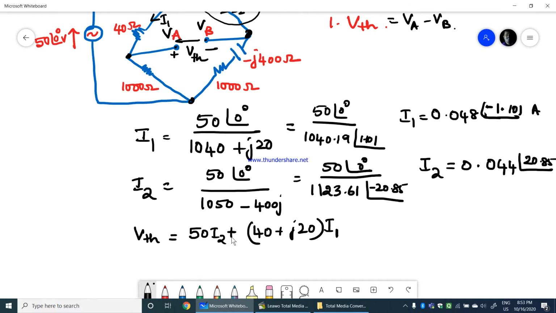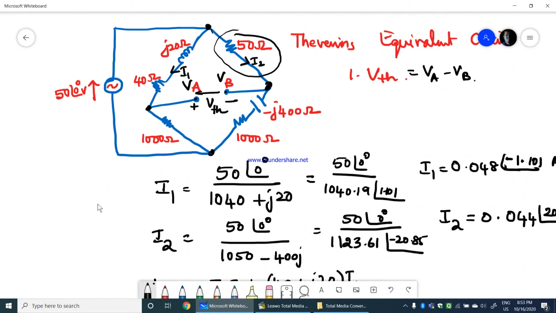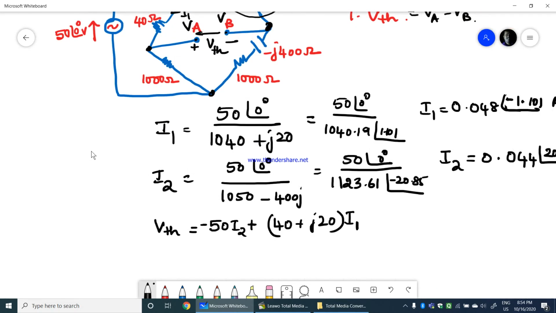This is plus and this is minus. So we are going to have VA, which is the voltage across that, and VB is the voltage across that 50 into I2.